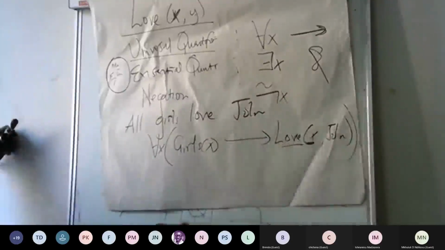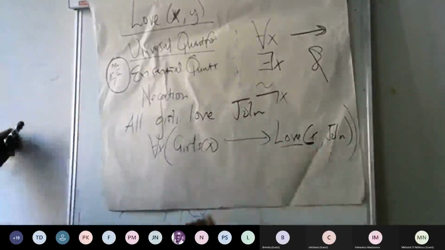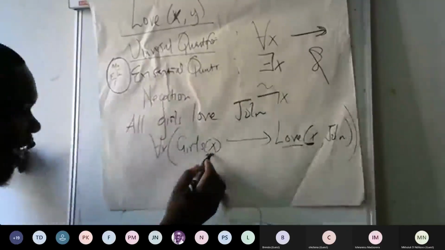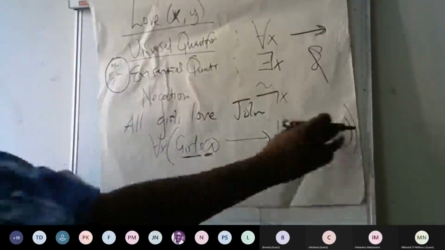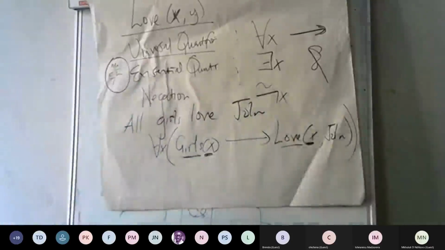We have got a Y already, which is John, but we can leave it open as X where X belongs to a universal set of girls. You can pick the name now to suit what you want to do. So that's how you generally come up with your predicate logic, your universal quantifiers.